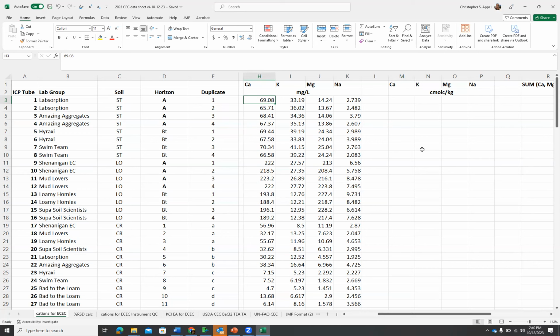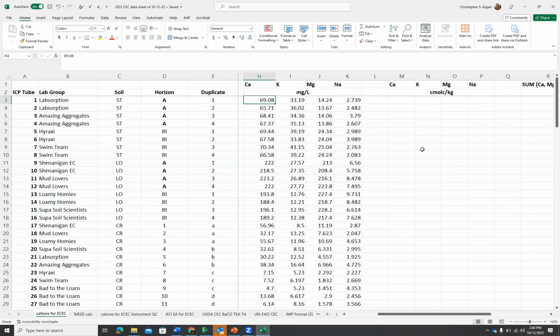So I'm just going to say this: 1 millimole of calcium is equal to 40.08 milligrams, because I'm just keeping the units the same in the numerator and the denominator. It's the same as 40.08 grams per mole. Okay, so that gets rid of the milligrams.